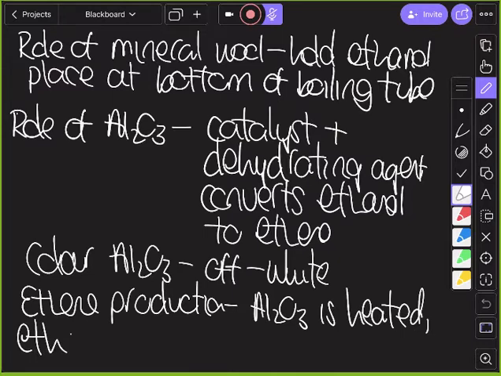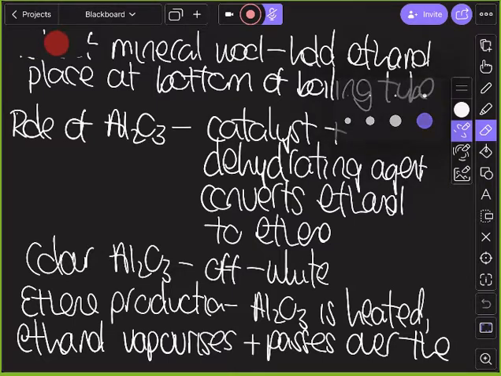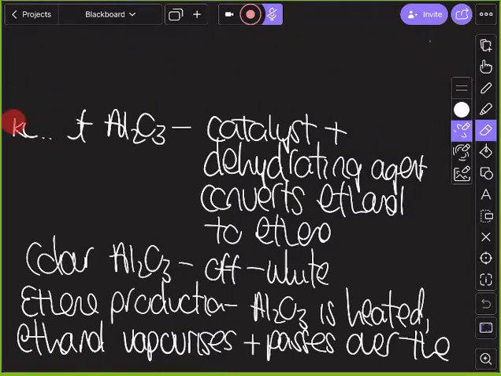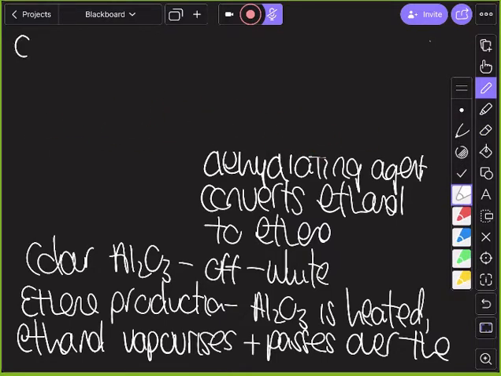Our ethanol vaporizes and it's going to pass over the catalyst.